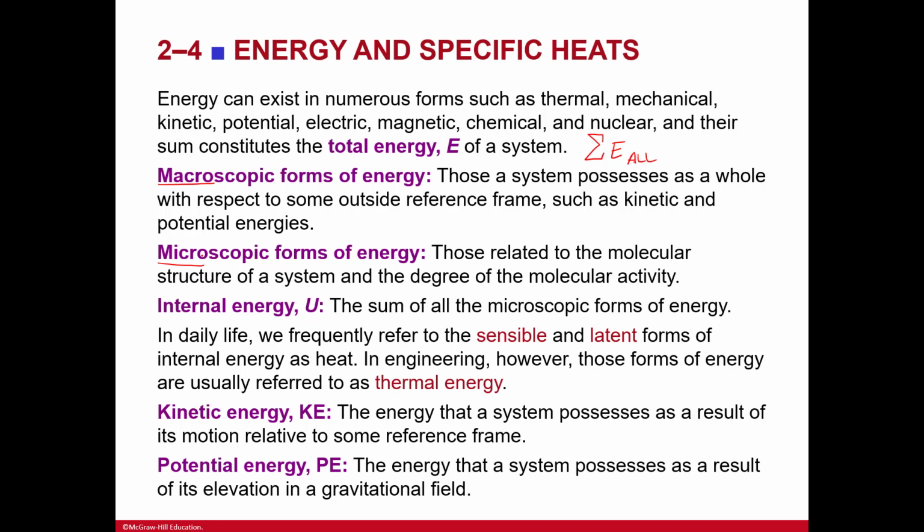Okay, and then potential energy is the energy that a system possesses as a result of its elevation or gravitational field. So the potential energy is the potential to move, the potential to exhibit kinetic energy. The potential energy is like the stored energy. And typically that's because of elevation or gravitational field.